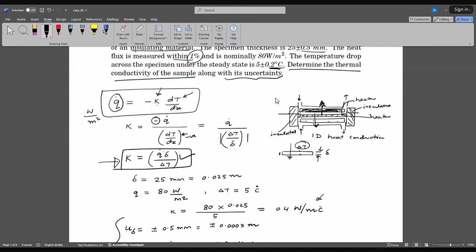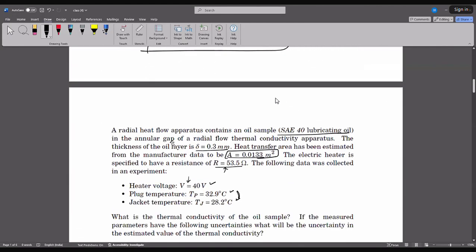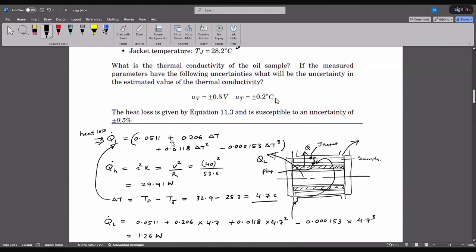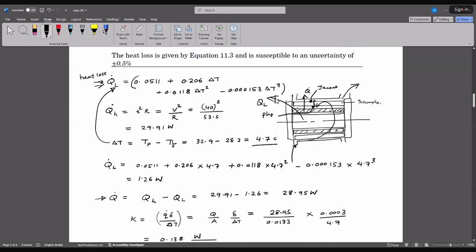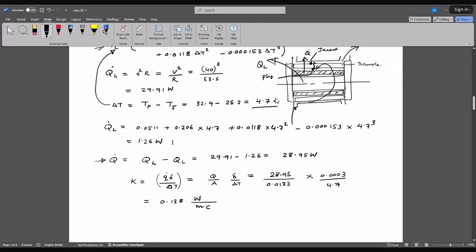Dx is like delta, dT is like delta T. So this is valid even for radial thickness, because as long as delta is very small, this formula is valid. A very small thickness, even in the radial coordinate system, can be considered as a one-dimensional problem. So that is why we are able to apply this.